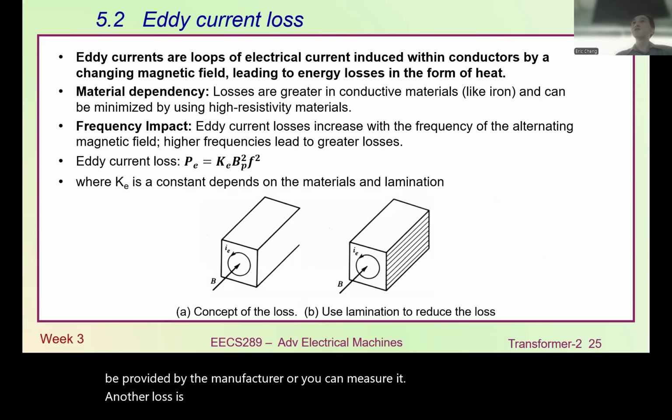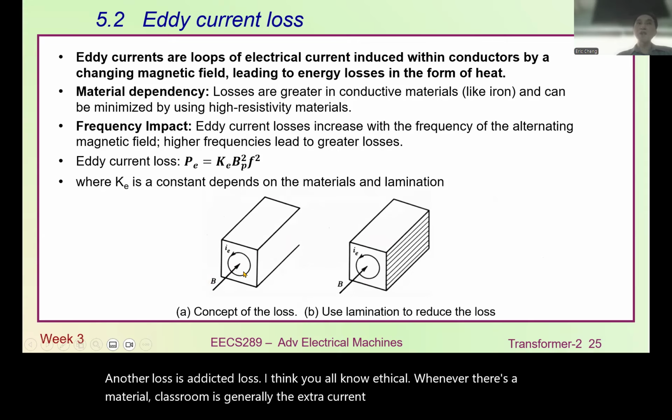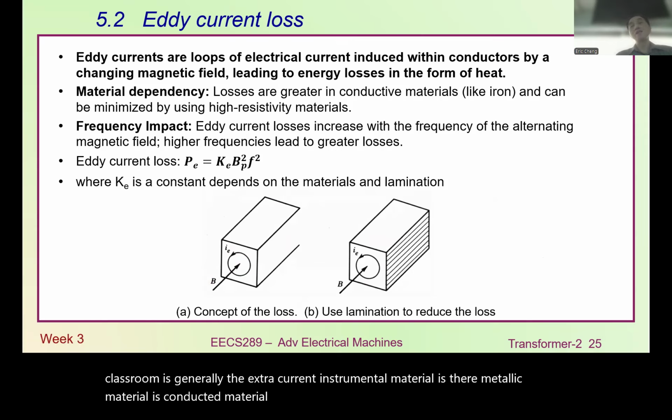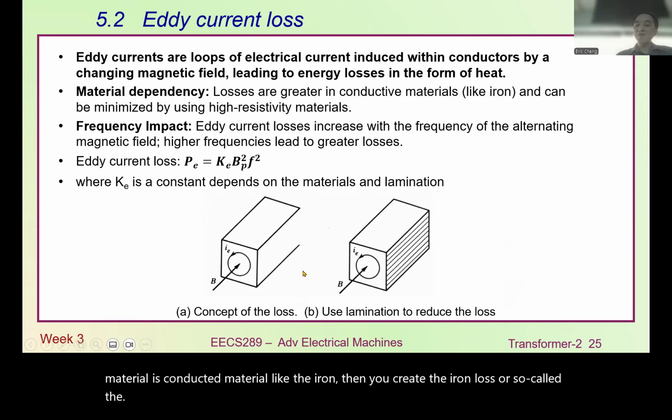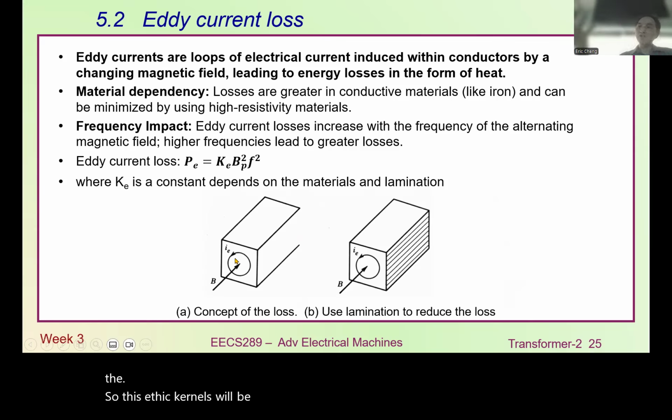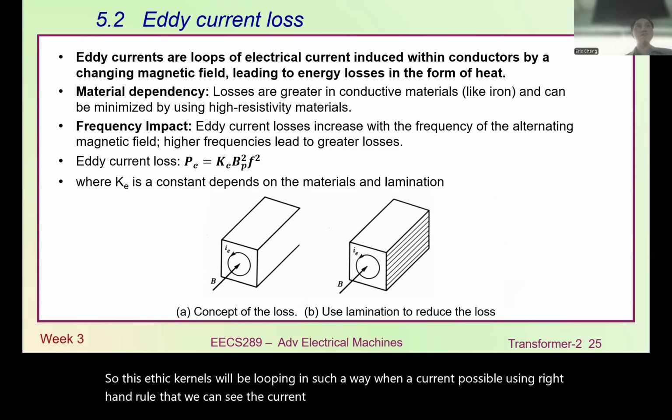I think you all know eddy current. Whenever a metal material has flux passing through, it generates electric current inside the metal. If that metal is a conductive material like iron, then you create the iron loss, or so-called eddy current loss. This eddy current loops in such a way: using the right-hand rule, we can see the current looping around the flux.